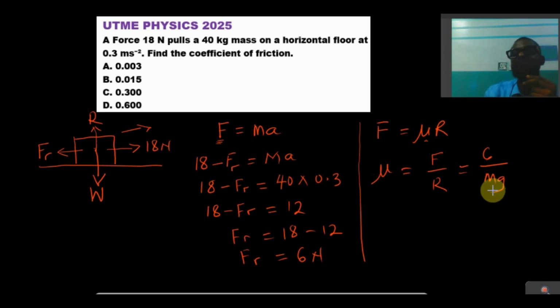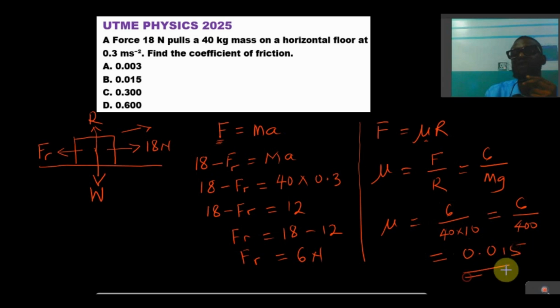So my mu will now be equal to 6 over m, which is 40, times the acceleration due to gravity, g, which is 10, a constant. So I now have 6 divided by 400. When you divide, you are going to get 0.015.